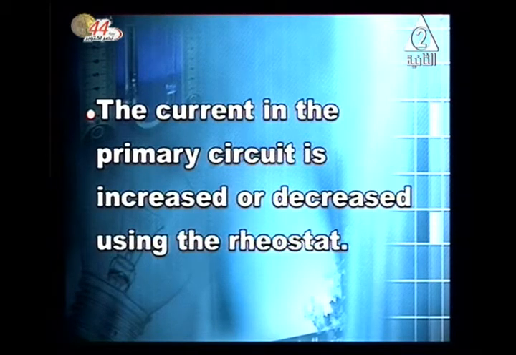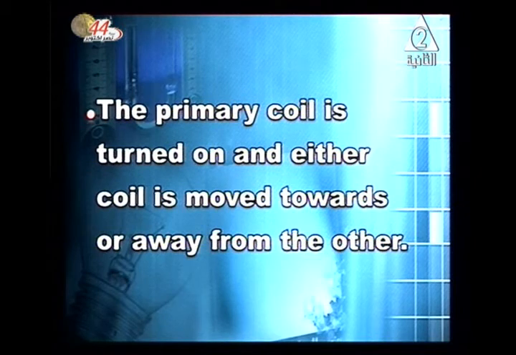The current in the primary circuit is increased or decreased using the rheostat. The primary is turned on and either coil is moved towards or away from the other.